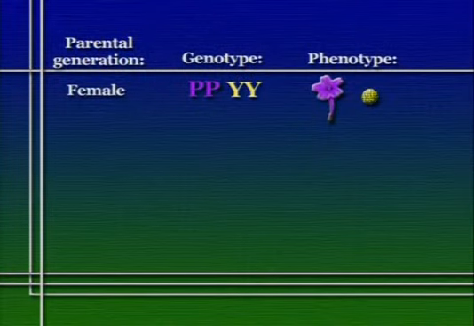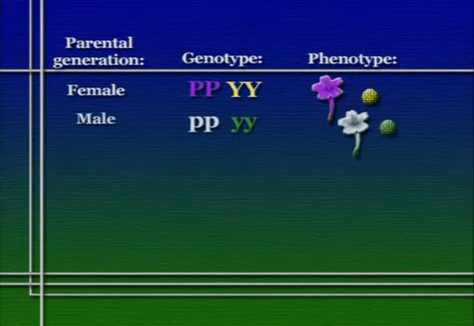Now, let's begin by supposing that we cross a female pea plant that has purple flowers and yellow seeds and is from a true breeding line. Remember, that means we can assume that this individual is homozygous for the alleles for those traits, in that case, the dominant alleles for both traits. And we're going to start with a male plant that has white flowers and green seeds, and thus is homozygous for both recessive traits.